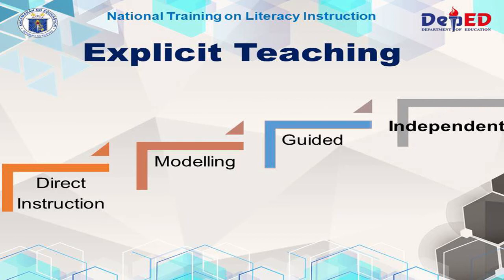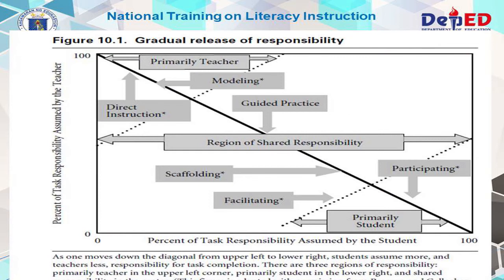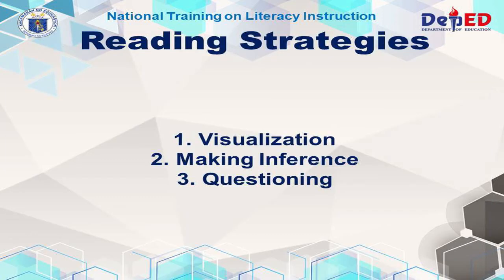So as you can see, the diagonal line, teacher's responsibility, gradually releasing it to the learner. But in the middle, there's the shared responsibility. So I am going to focus on three: visualization, making inference, questioning. Okay? In teaching tone and mood. But again, I'm not saying that these are the only strategies that can work. Okay?